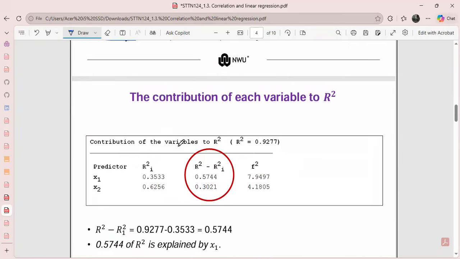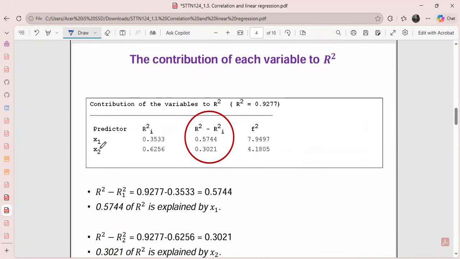So here it is. You will be given a full stat 1.2 output. If you're asked which variable contributes the most to R squared, go to your stat 1.2 output and check this part, the contribution of the variable to R squared. Here we're given only two variables, x1 and x2.